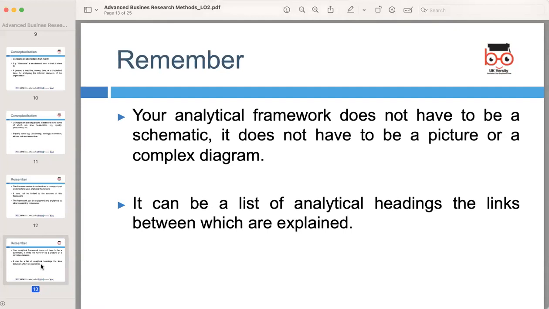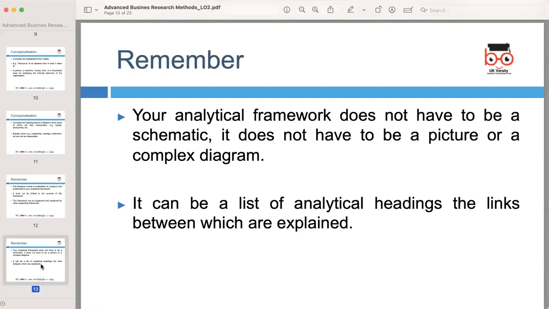Contrary to popular belief, it does not have to be a fancy diagram or a complicated picture. It can be as simple as a list of analytical headings, which we'll discuss shortly.